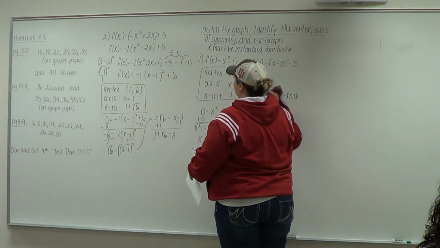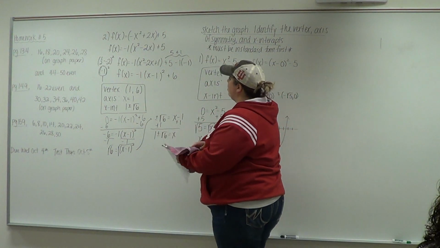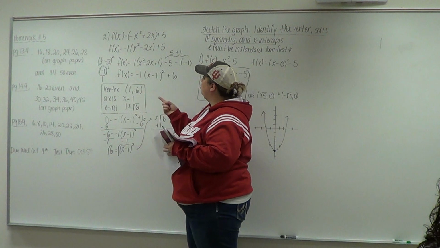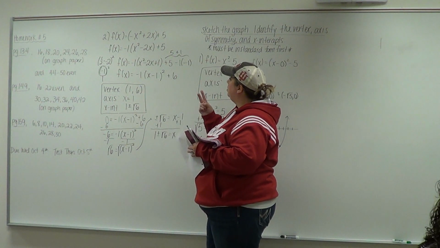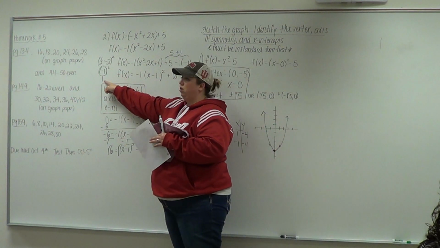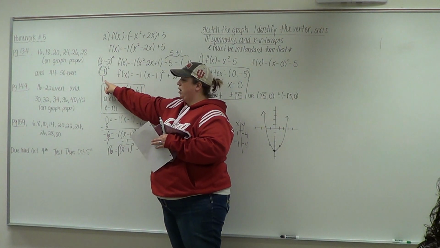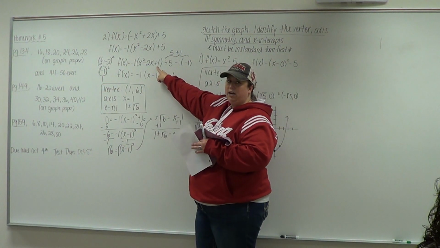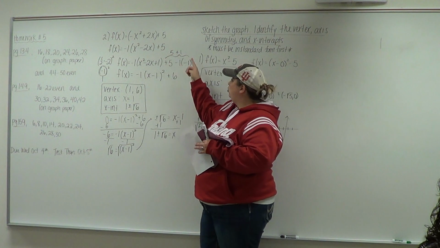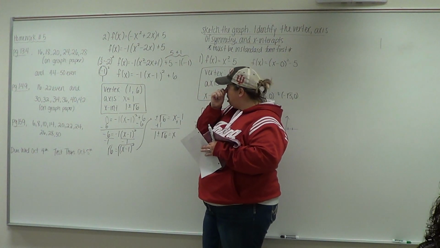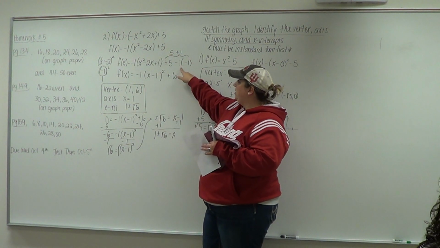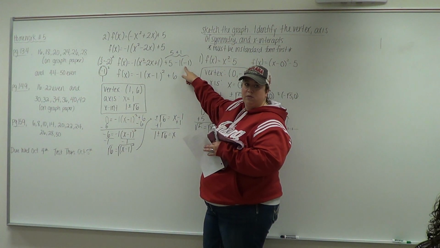What were the fourth and fifth steps for the first? So we grouped, factored out. Okay, so this number, whatever your half of b squared, you're going to add it on the inside and subtract it on the outside. And when you subtract it, you have to multiply by a.